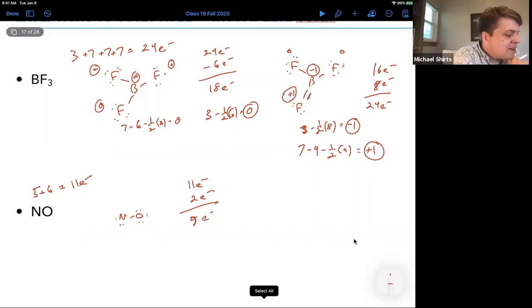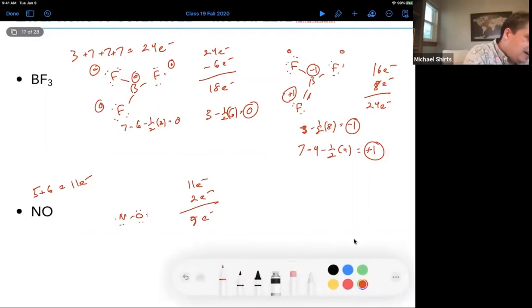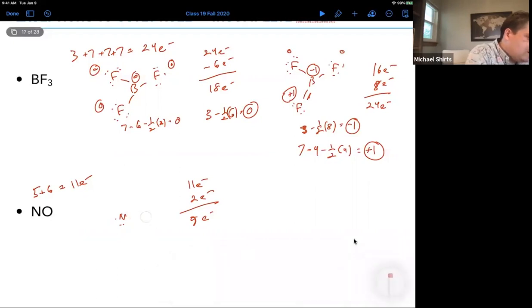We can do better than this though, because the nitrogen only has 5 electrons around it. We can make it a little more comfortable by taking 2 of the electrons in the oxygen and donating them into the center.